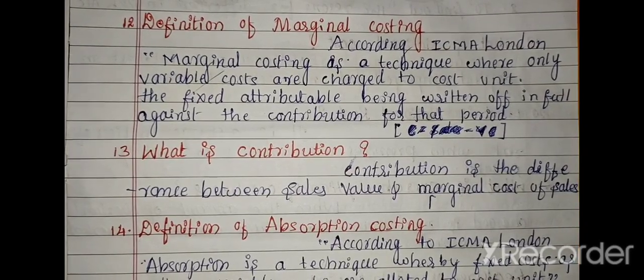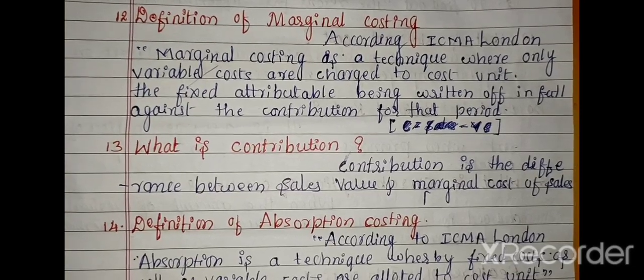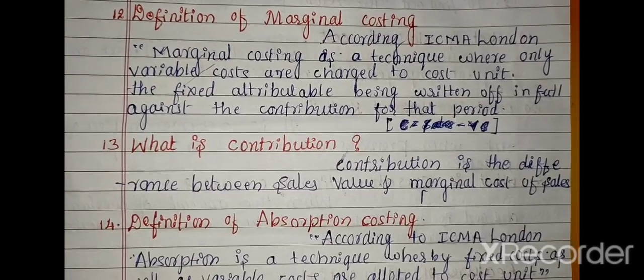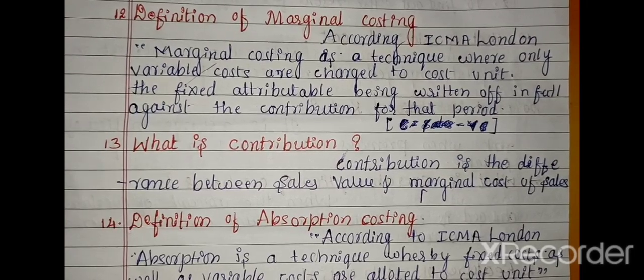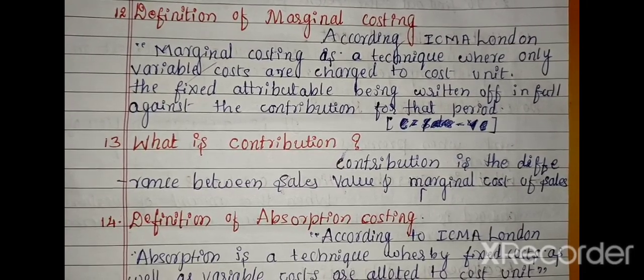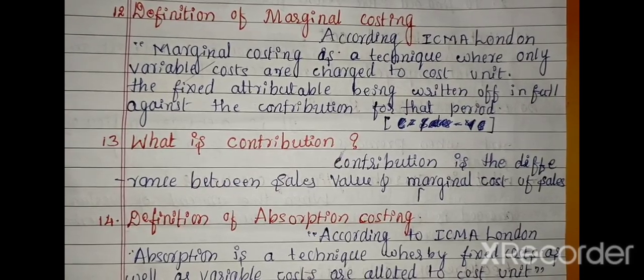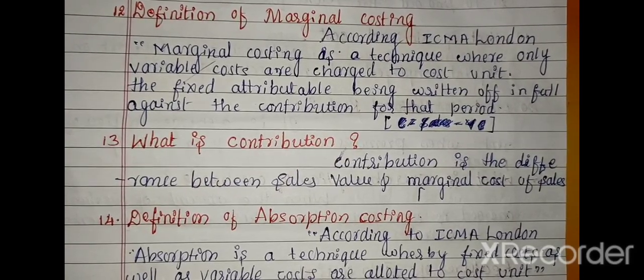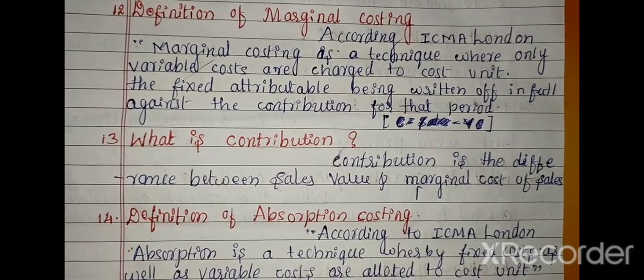Question number 12. Definition of marginal costing. According to ICMA London, marginal costing is a technique where only variable costs are charged to cost unit, the fixed cost attributable being written off in full against the contribution for the period.